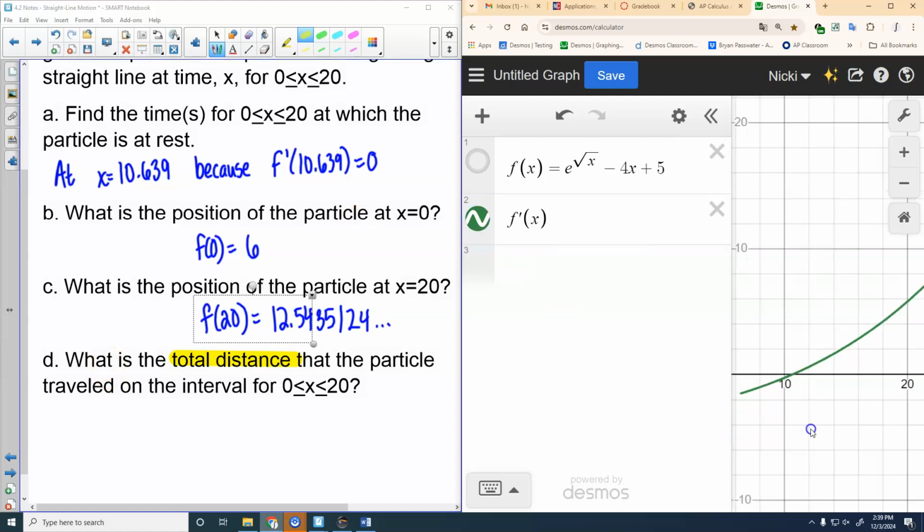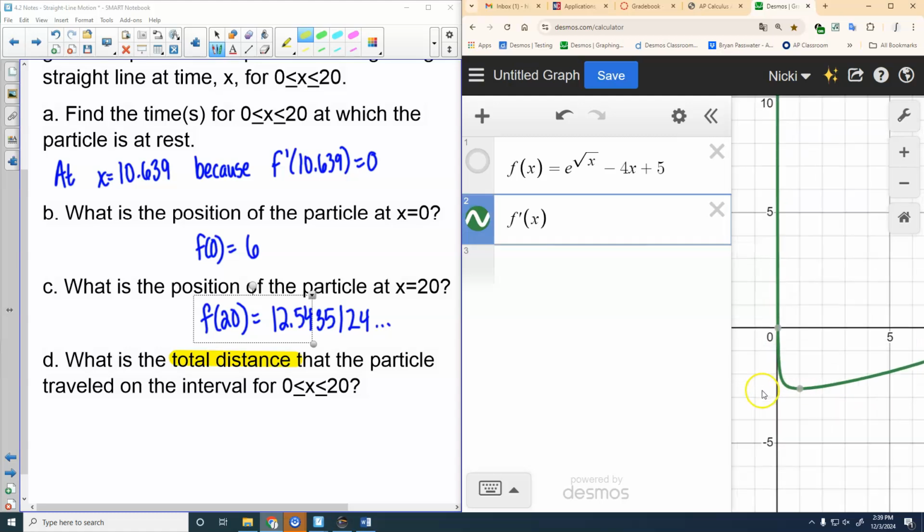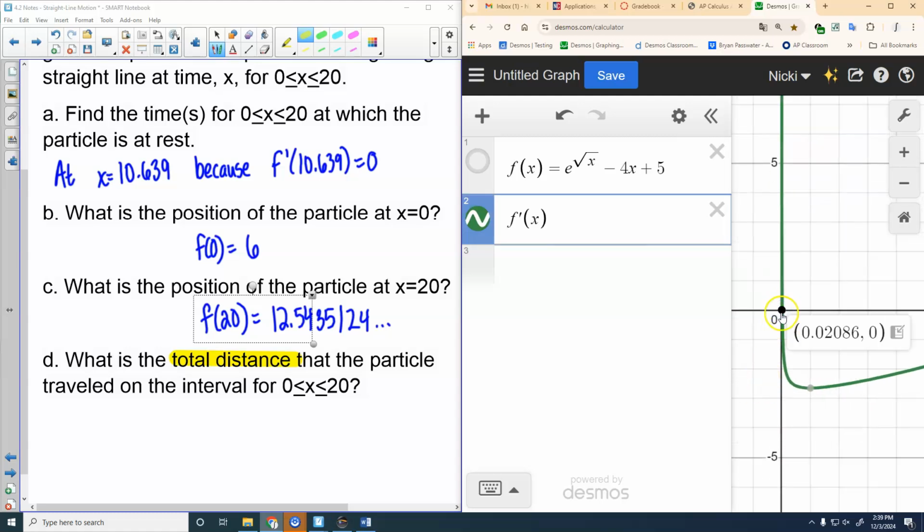So what you have to do for this is consider all the critical points of this graph, right? This one's a little tricky because it does have an x-intercept at 0.02086. It's probably not the best graph I could have given. So we know f of 0 was 6.